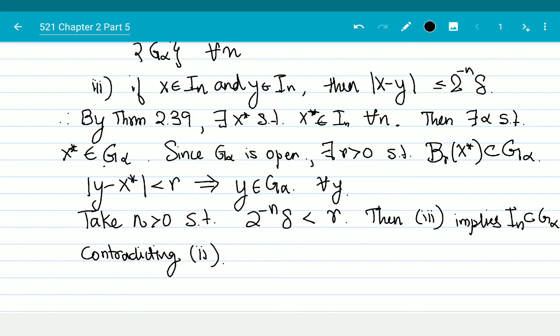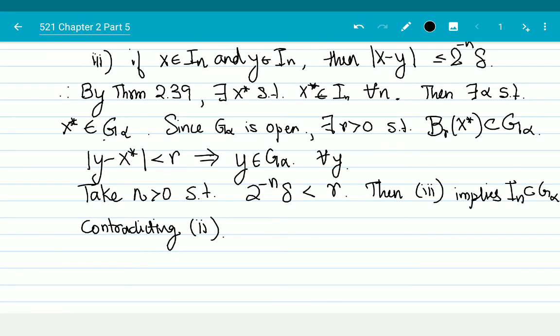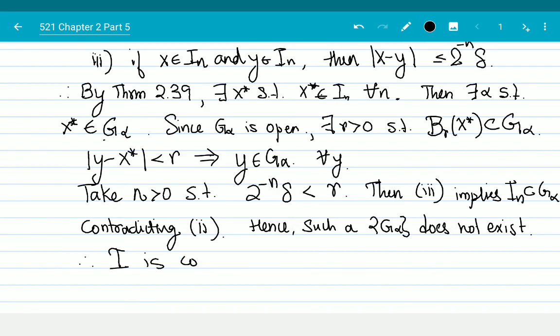Hence such a cover does not exist. Hence such a G alpha does not exist. Okay? And therefore I is compact as required.